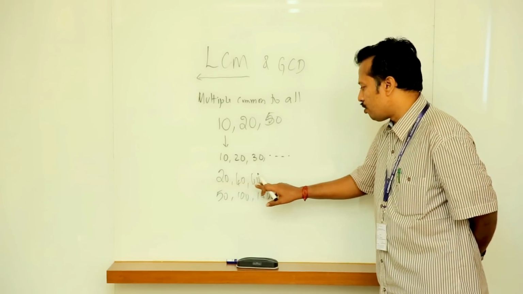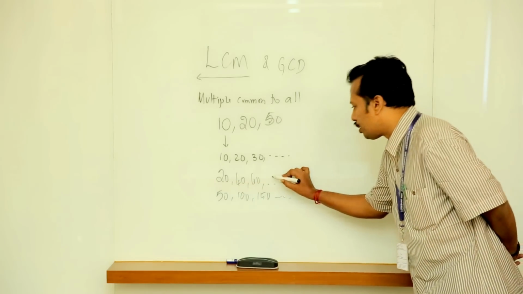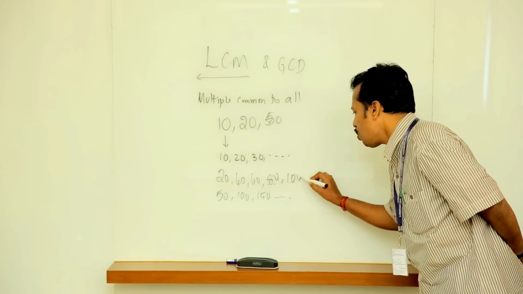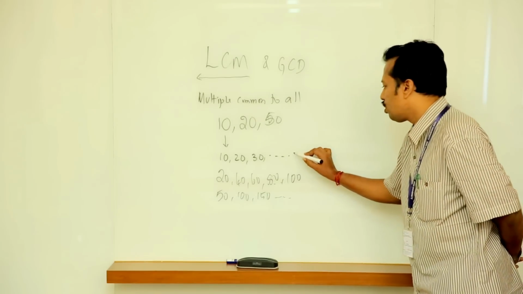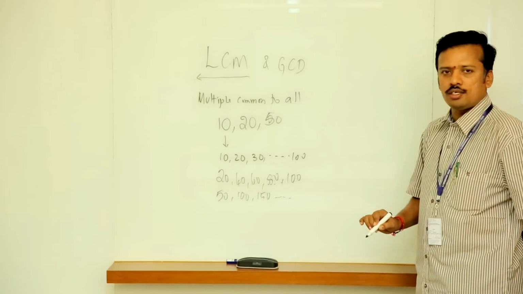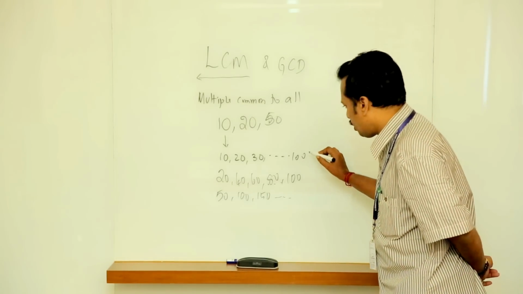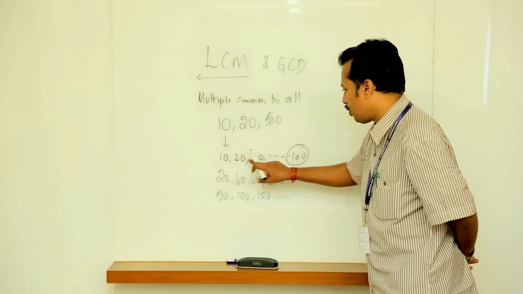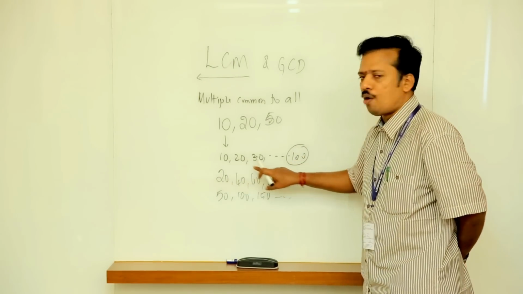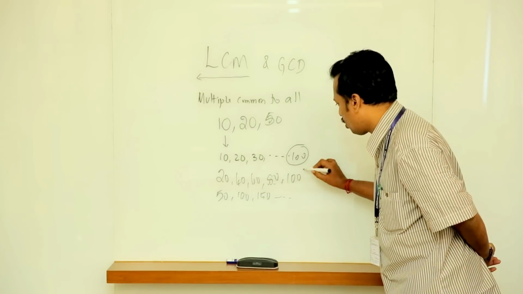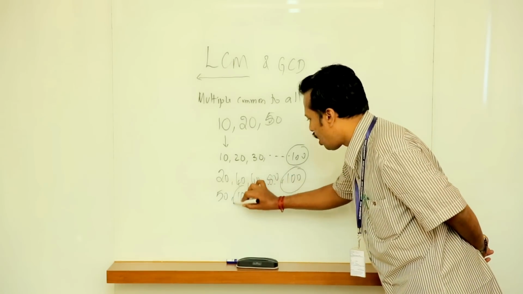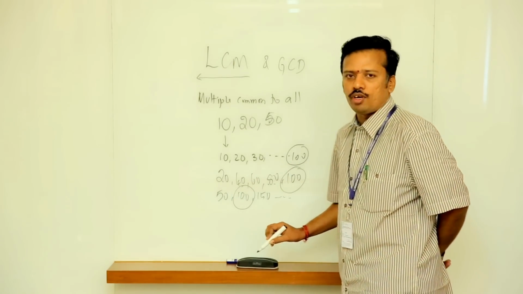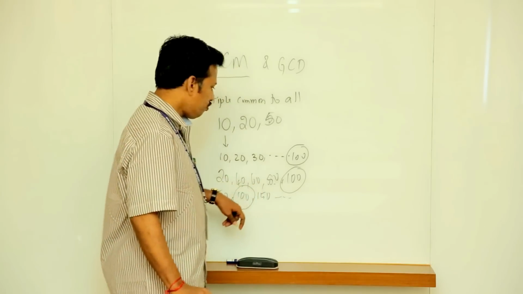Here 20, 40, 60, 80, 100 continues like that. When you identify a multiple common to all of these, look at this, 100 is the first multiple common to all these three. So, LCM of these numbers is 100.